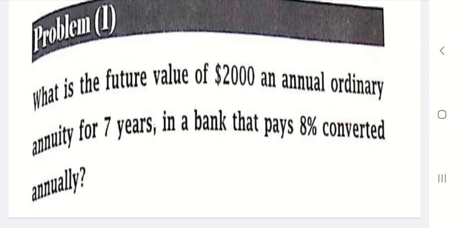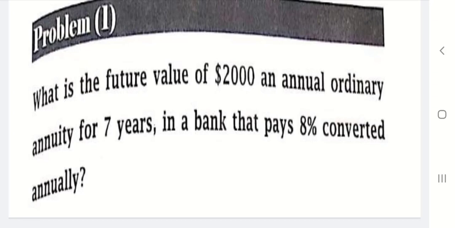Problem 1. What's the future value of $2,000 an annual ordinary annuity for 7 years in a bank that pays 8% converted annually? In this problem, R will be equal to $2,000.